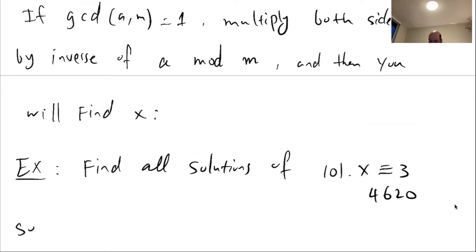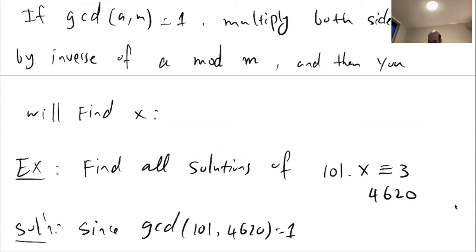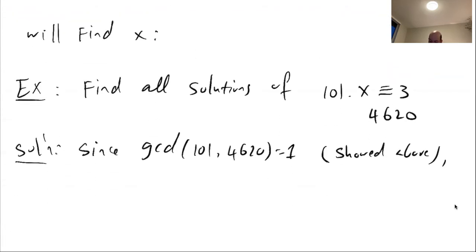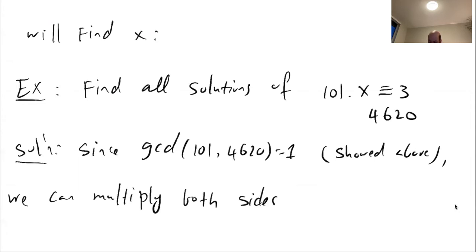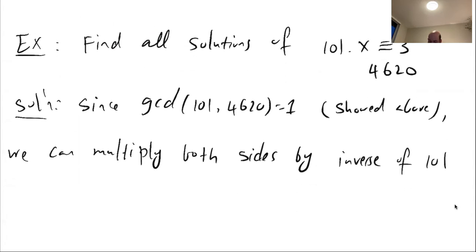So since GCD of 101 and 4620 is 1, which we showed above, we can multiply both sides by the inverse of 101 mod 4620, namely, what was that number?